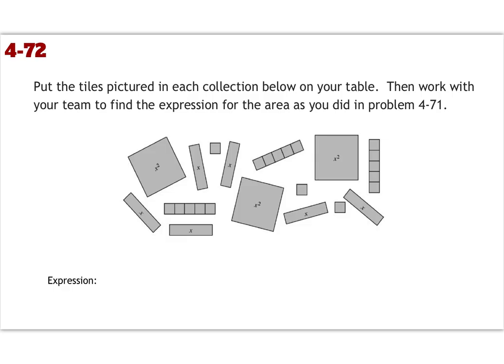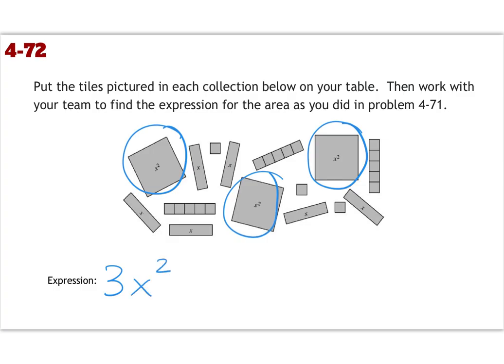If we bundle them together, the largest shape is x squared. I will write that we see 3 of them, so 3 x squared. If I then count the rectangles that are called x's, I see a total of 6 x's.